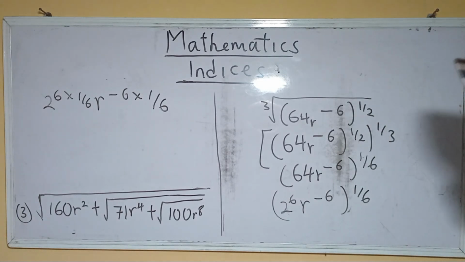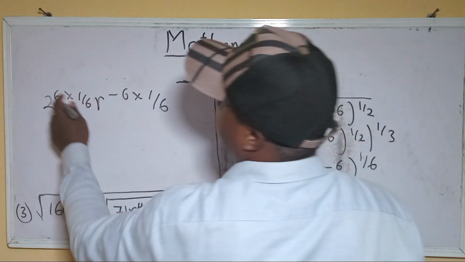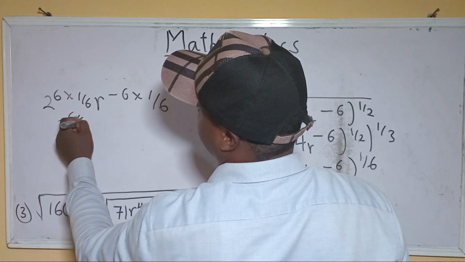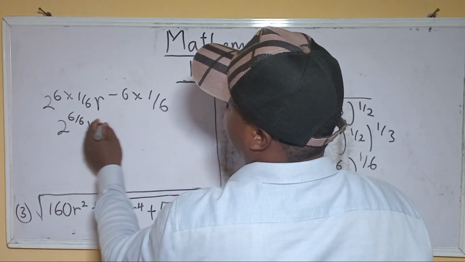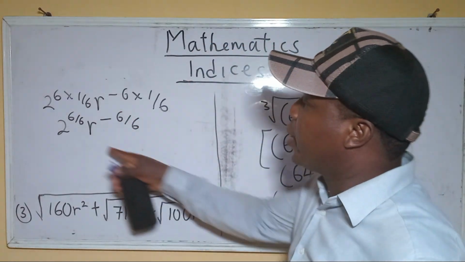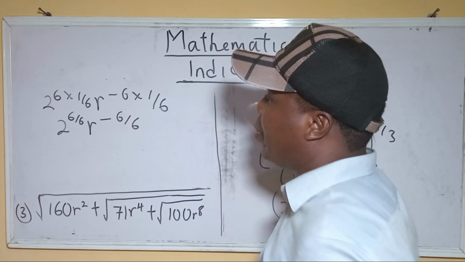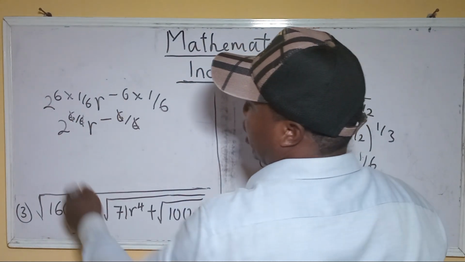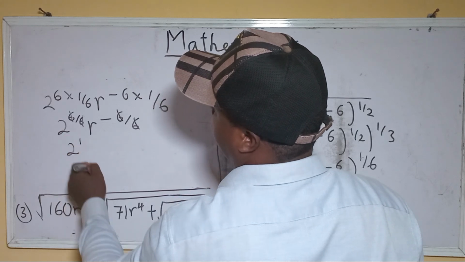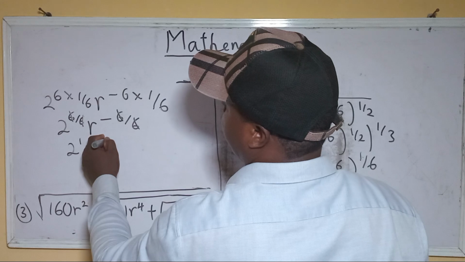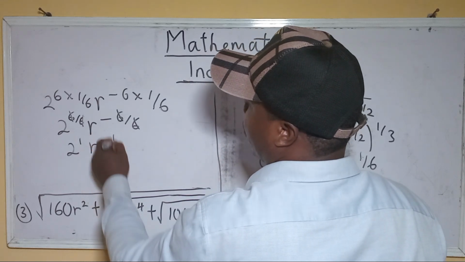So if I multiply, this one will give me 2^(6/6), then r^(-6/6). Now, since I have the same base here, I can easily divide this. Then I have 2 raised to power 1, then r raised to power minus 1.